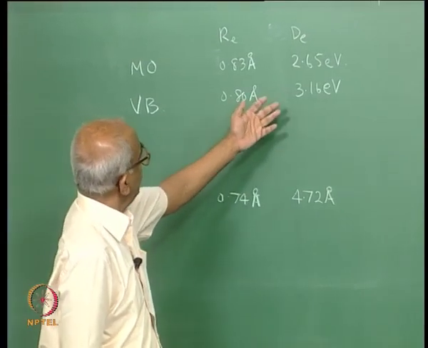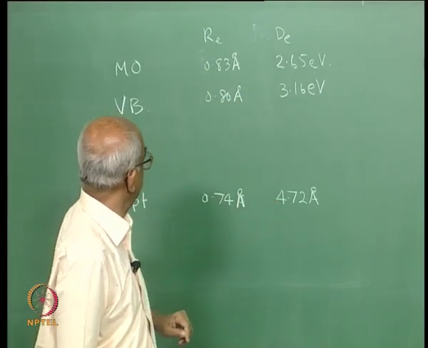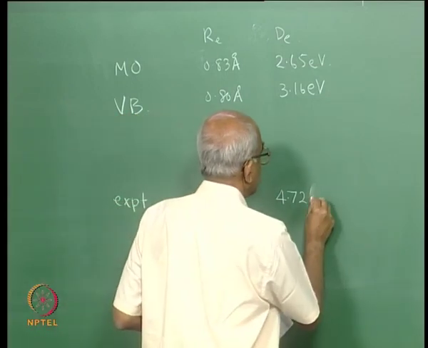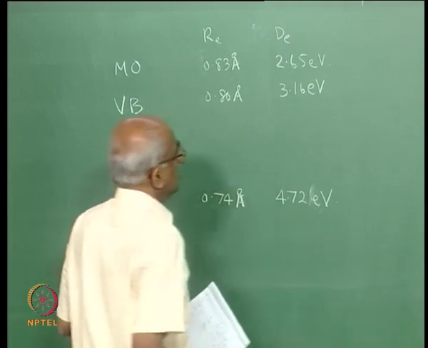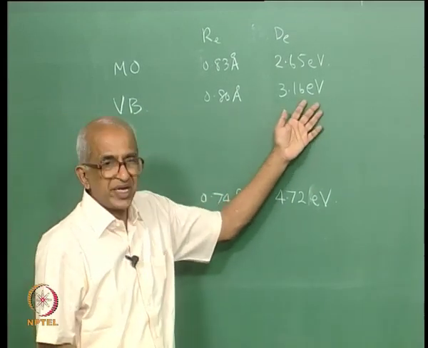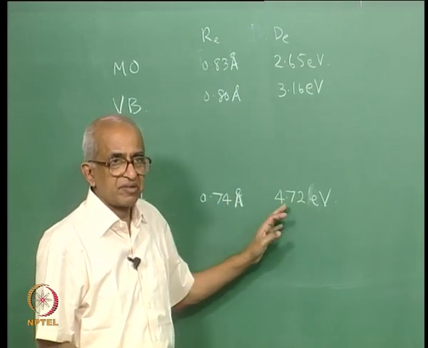But even though valence bond theory is better, you see, it is electron volts, correct, thank you. So, even though the valence bond theoretical answer is better, it is still far away from the experimental value.